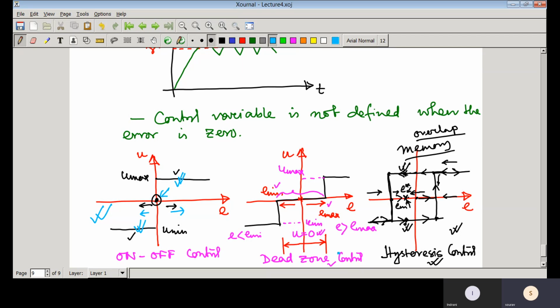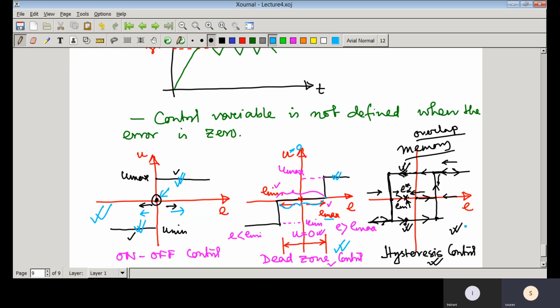Now, in case of dead zone control, we allow this overlapping zone. Whenever the error is inside this band, the control input equals 0. But whenever the error goes beyond this E max, it jumps to U max. And a similar thing happens on the negative side.